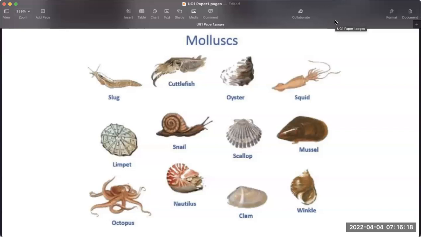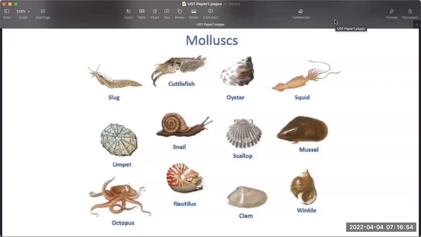Internal fertilization you can see in dioecious, and external fertilization in hermaphroditic animals, because the same animal cannot fertilize its own gamete. So cross fertilization occurs. So for cross fertilization, external fertilization is necessary. Fertilization should happen externally.